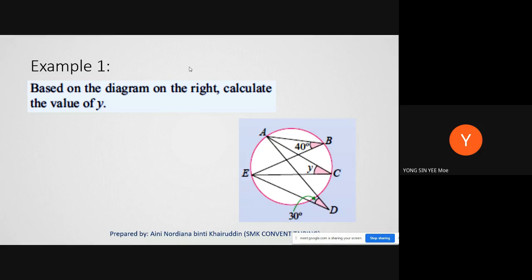A and E. Yes, AE. Okay, angle y is from arc AE, from arc AE to circumference.